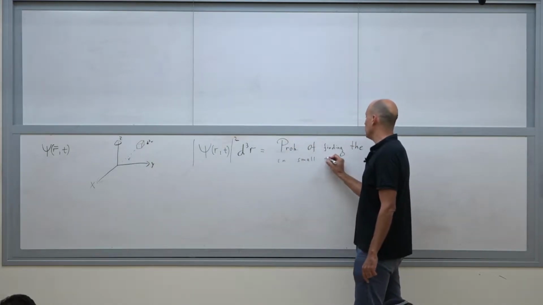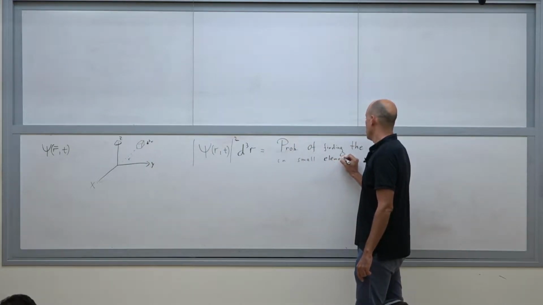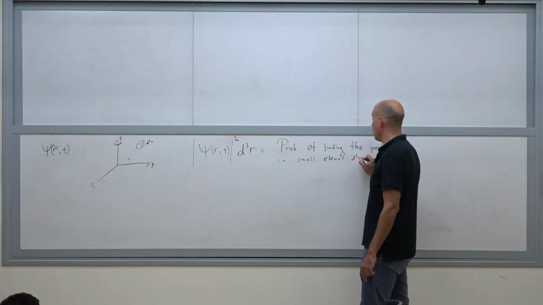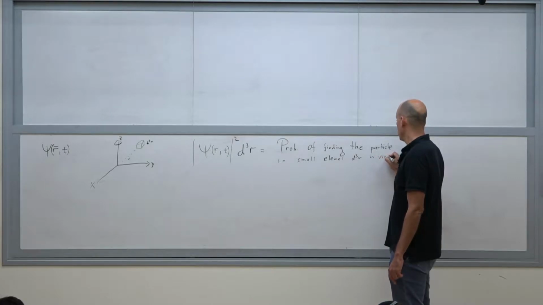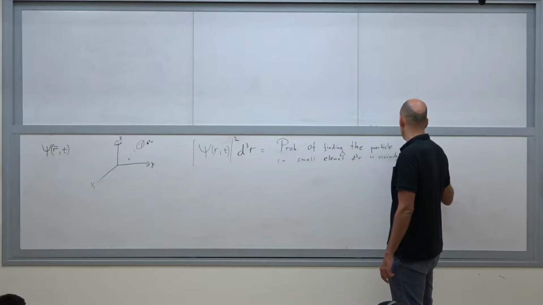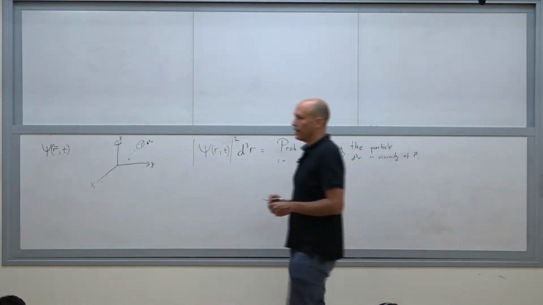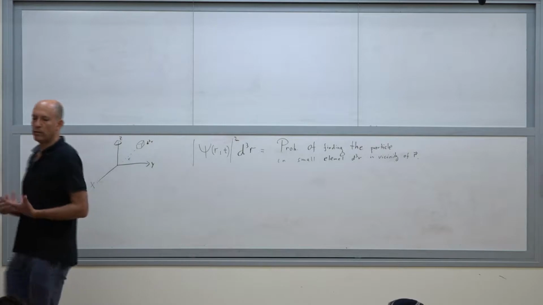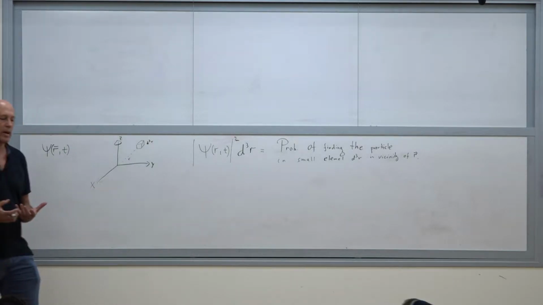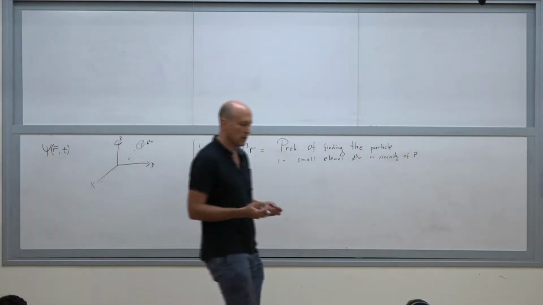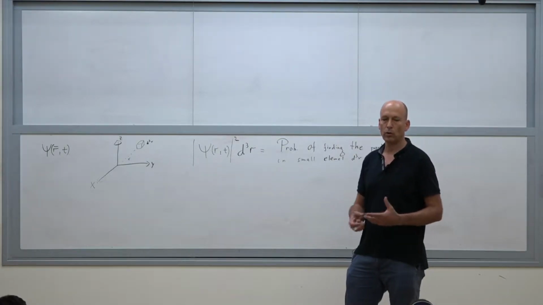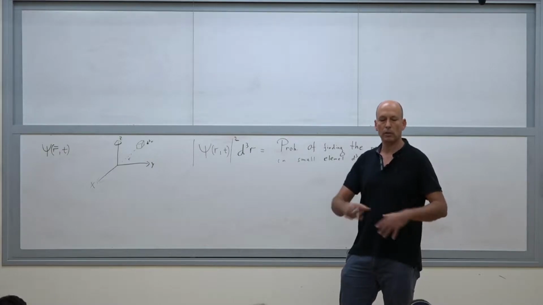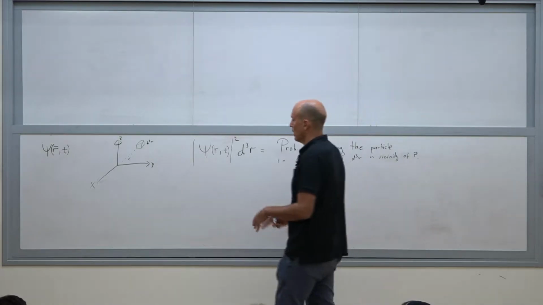In a small element whose volume is d3r in the vicinity of some position r. Actually, this is one of the fundamental difficulties in quantum mechanics, and that is that we cannot interpret things deterministically. We have to go to a statistical interpretation. We don't know exactly where the particle is, but we can more or less say where the density is, etc.